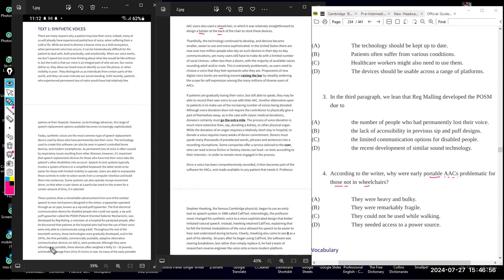So we notice here that although they were advertised as portable, these devices often weighed a hefty 50 to 20 pounds and were from 20 to 25 inches in size. So this is really big, and the meaning of bulky is big. So thank you so much. The correct answer is A.